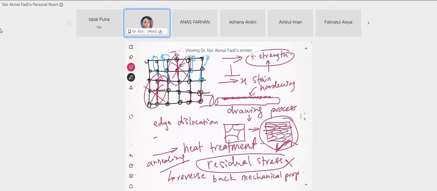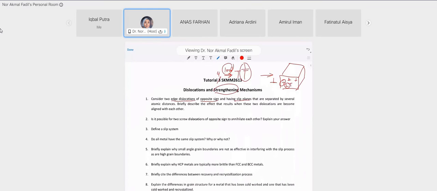So how? By doing this: allow the heat to realign the extra planes contributed by the edge dislocation. So this is what happens. You need to understand the concept in this question. Any questions so far? Do you know what an edge dislocation is? First, you need to know what an edge dislocation is.